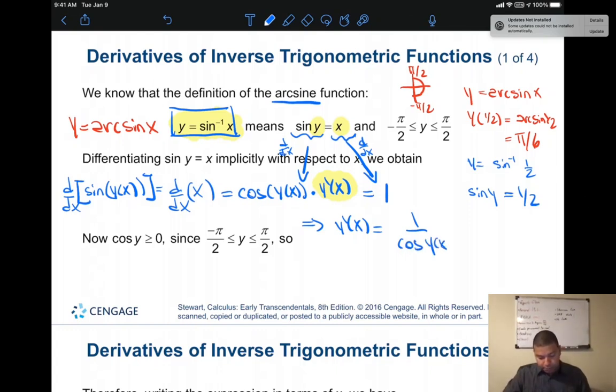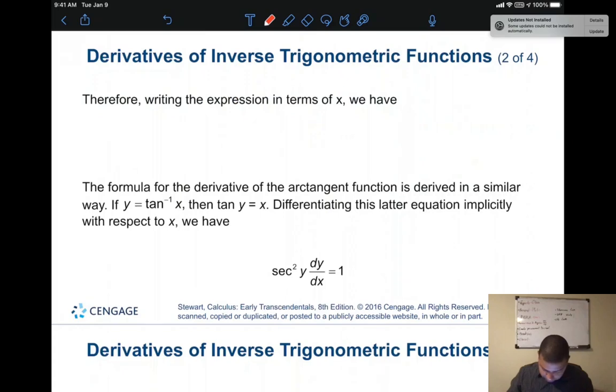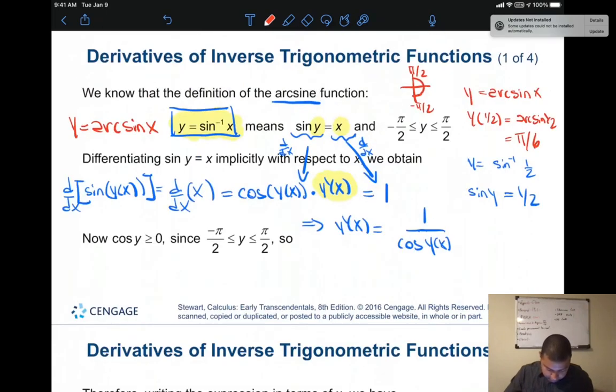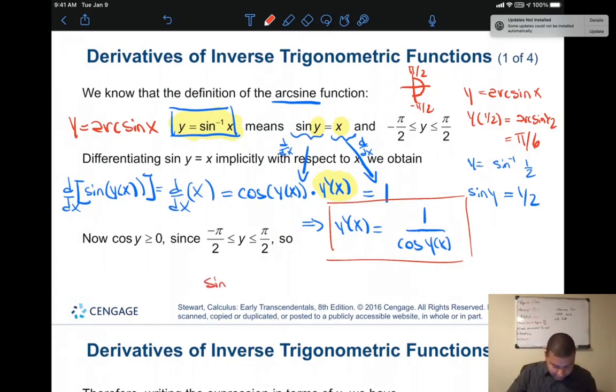Remember that. So I have to find the cosine of that angle. So how do I deal with this? Okay, so far I have this. Now I want to find the cosine of y in terms of x only. So remember that the sine of y equals x.